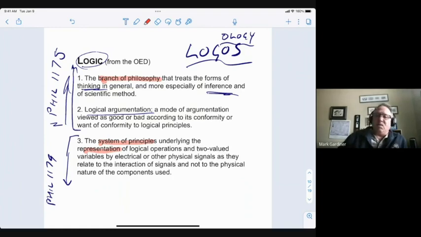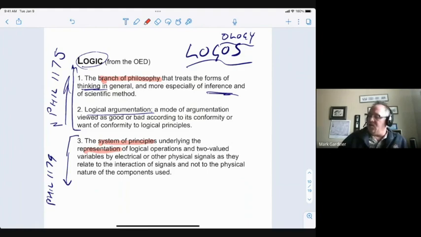So those of you who are computer science students, you know how computer languages work. They are symbolic representations. You can manipulate them to do various kinds of things. Logic, in this sense, is the study of the ways in which those symbols can interact with each other to produce certain kinds of effects, a basic underlying structure.